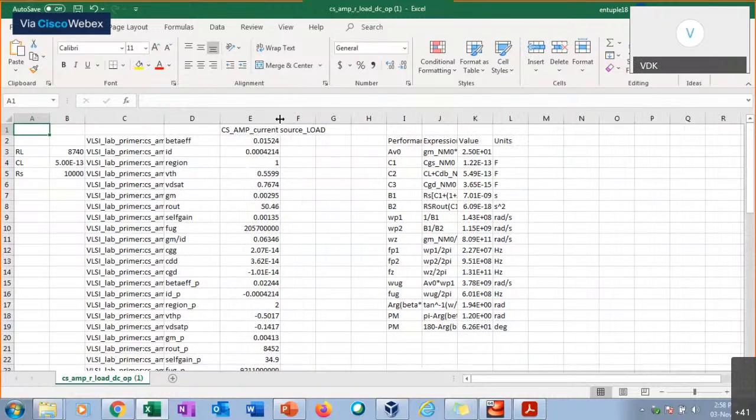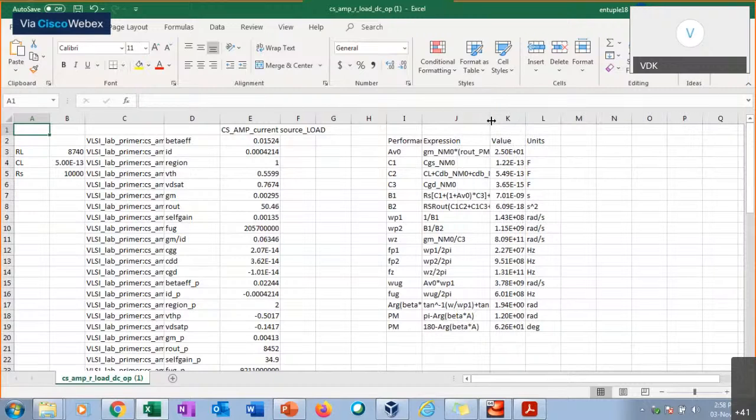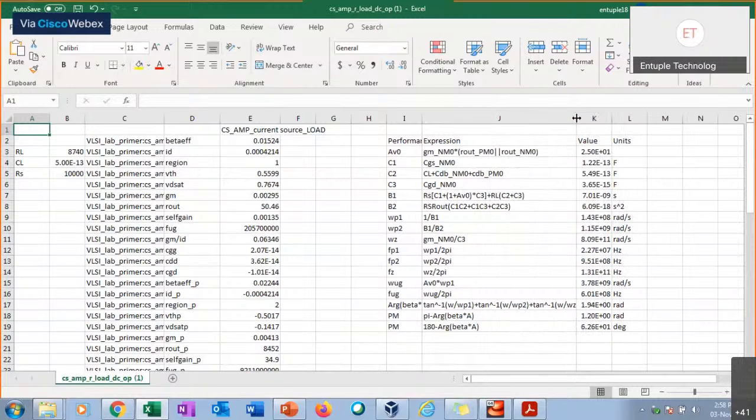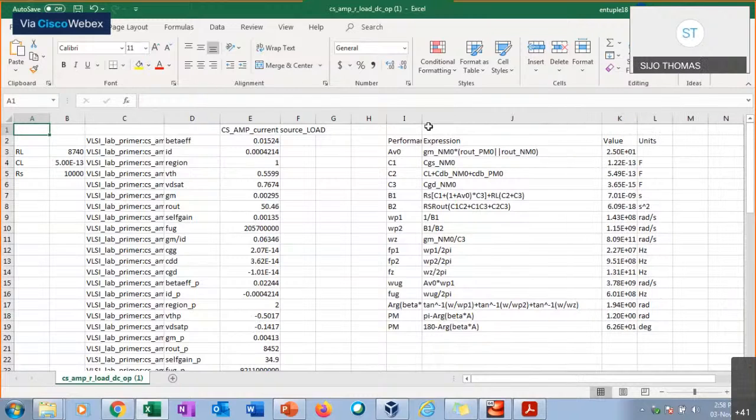Okay. So we have just listed all the DC operating point parameter values for the transistors up here in field E of the spreadsheet. RL, okay, fine. Then we have the performance parameters.